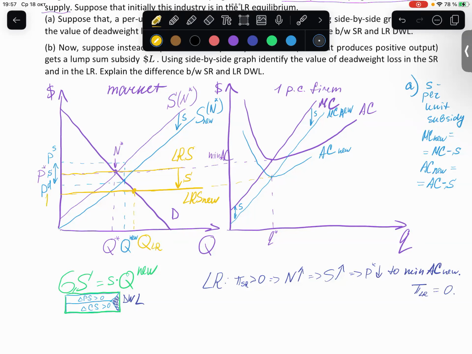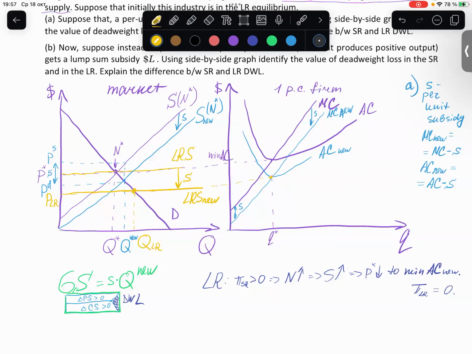The price will be lower in the long run, but each firm will earn 0 profit. How much will our government spend?